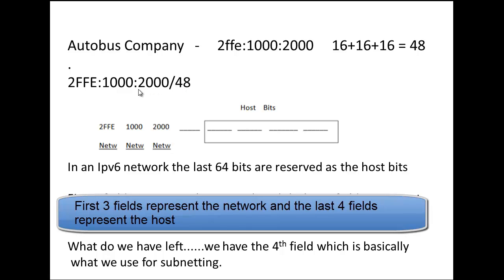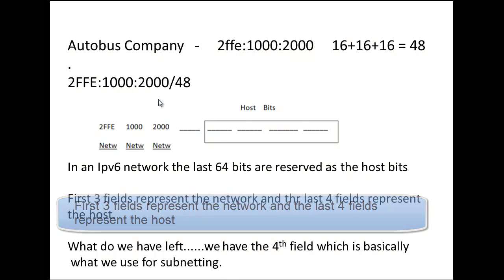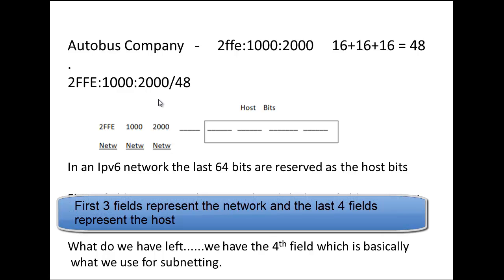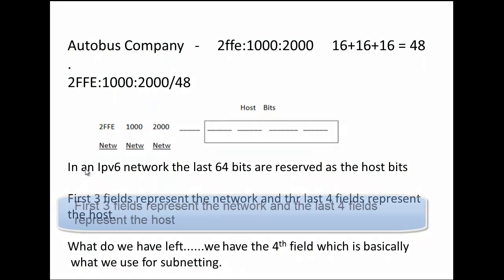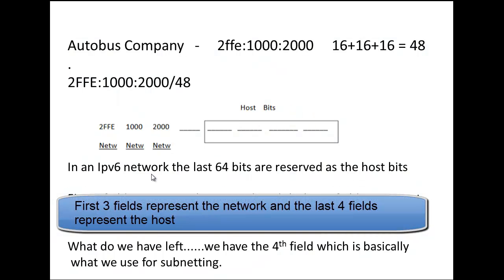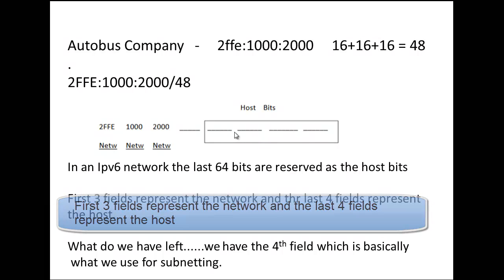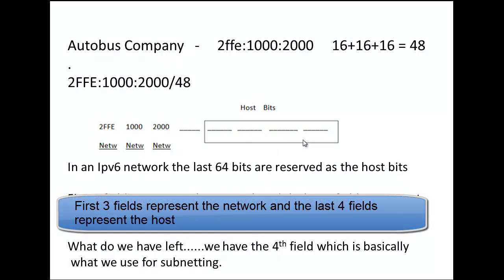What does that mean? It means that this first section of the address here is referred to as the network section. So the first three fields in the IPv6 address represent the network part of the address. In an IPv6 address, the last 64 bits, which would be the last four fields here, are reserved as the host bits.